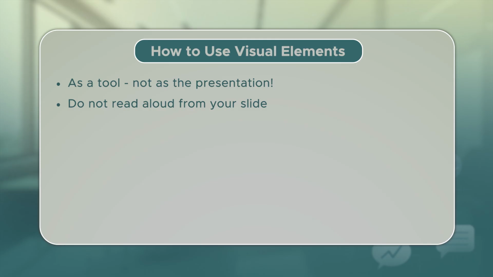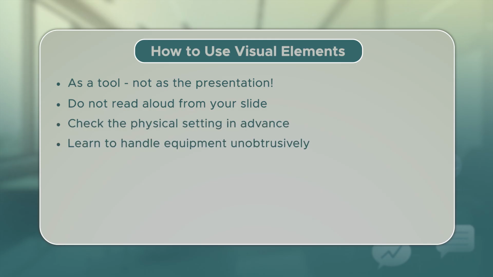The other very minor but related issue in connection with using visual elements is that you have to be familiar with the technology that you need to make the visual elements run. For instance, if you're embedding a video in your slide, you need to know how it works, and you need to know whether it actually works in the physical setting at the venue of your presentation.